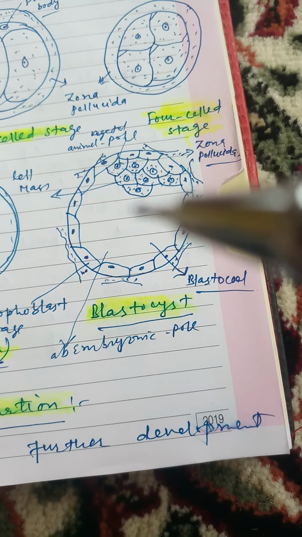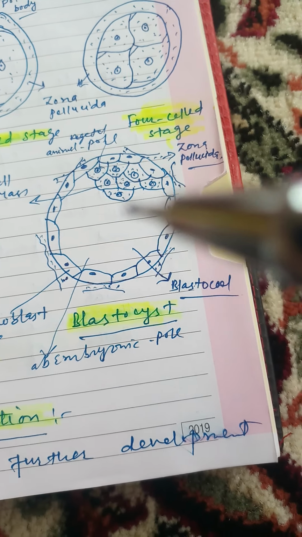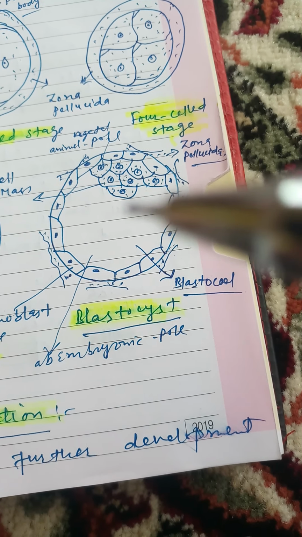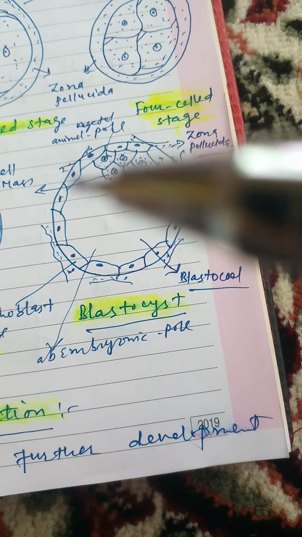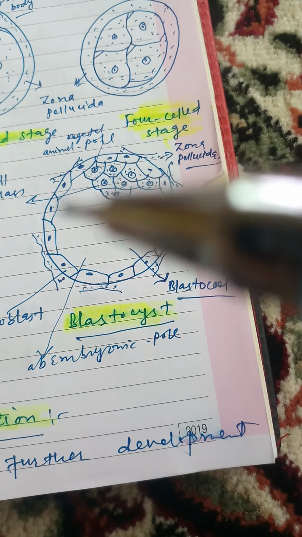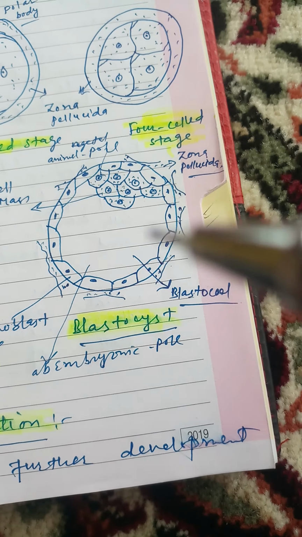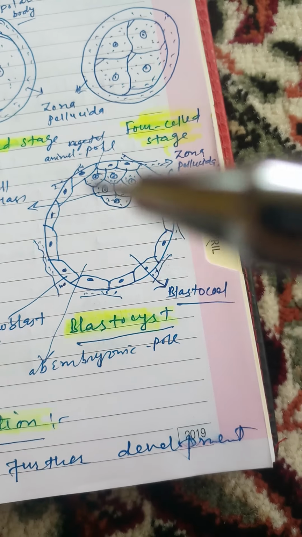So we have to study embryonic development up to this stage, the blastula or blastocyst stage. Students, here we will learn a little about what a blastocyst or blastula is and what its structure is like.